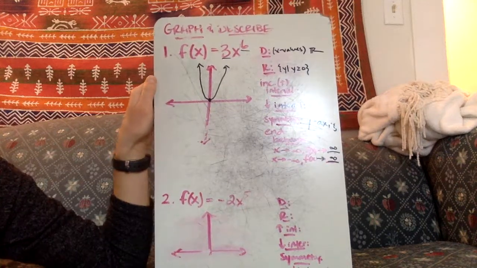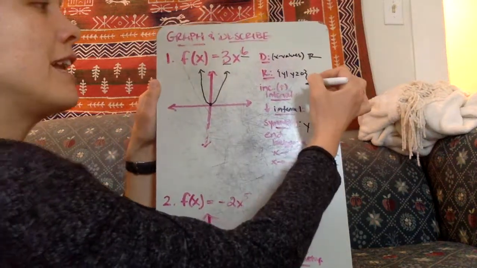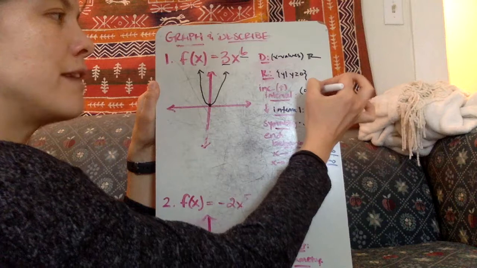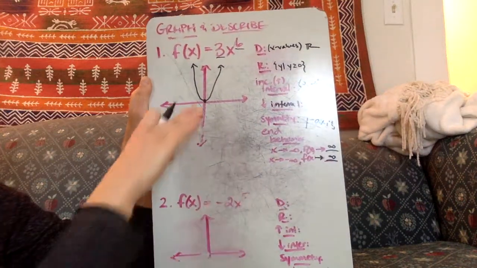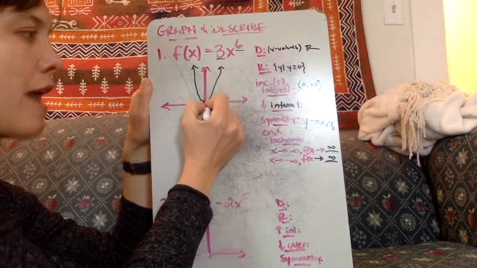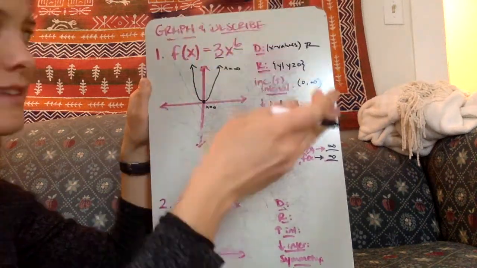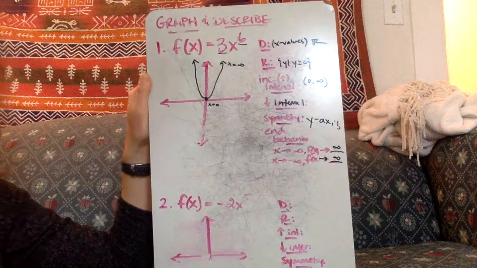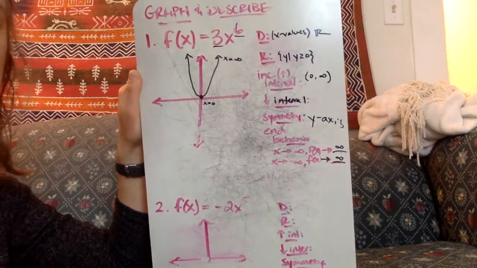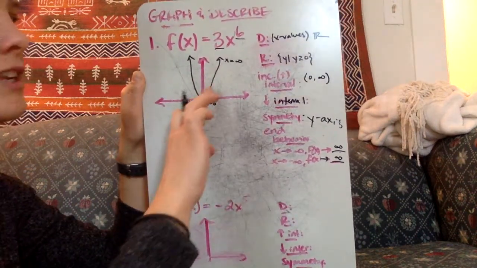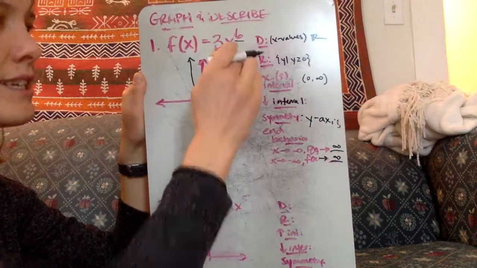So if you remember, the way that I write this is 0, infinity. So I'm just using my x values. So at x equals 0 to x equals infinity, or x is less than infinity. So that's my increasing interval. This is where it's increasing.